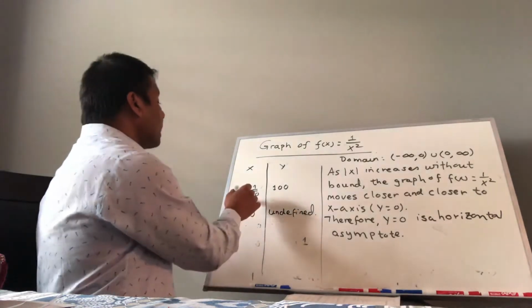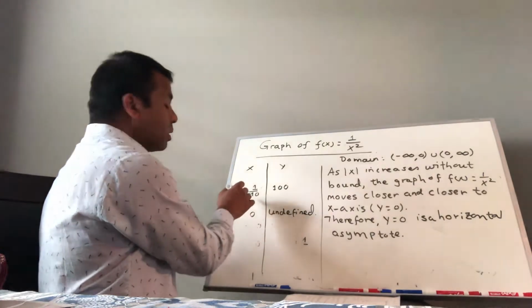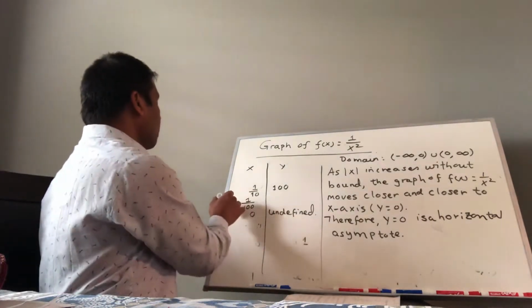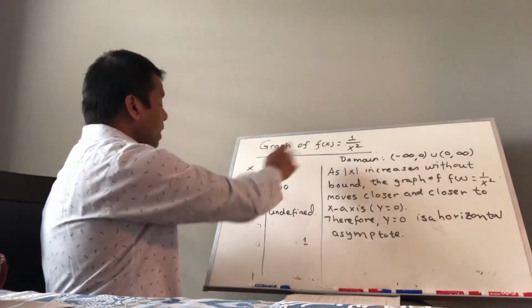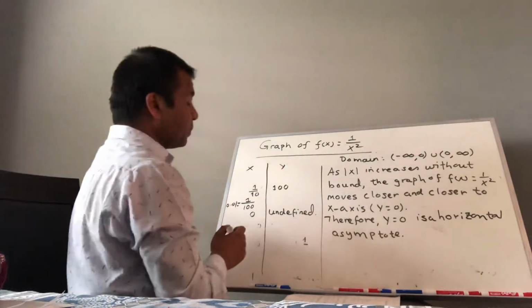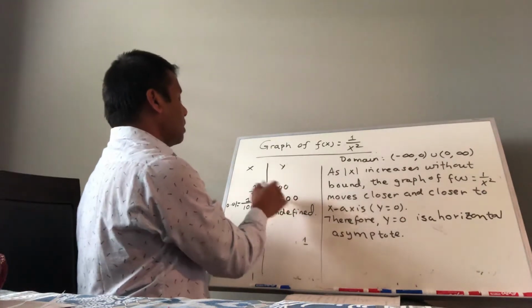And if my value of x is 1 over 100, which is 0.01, close to 0, and I plug it in here, I will get 10,000.